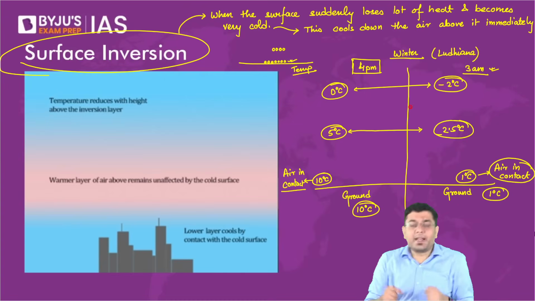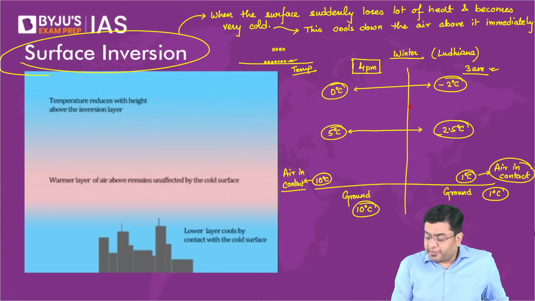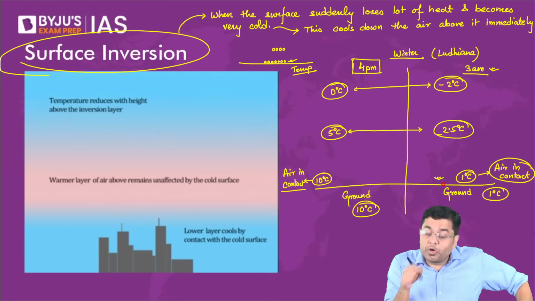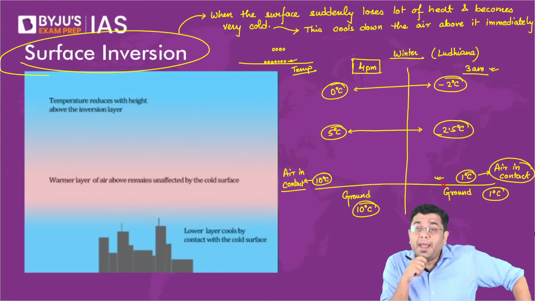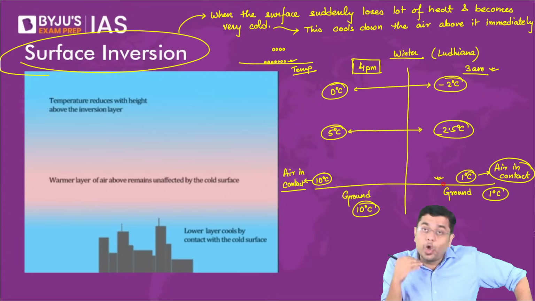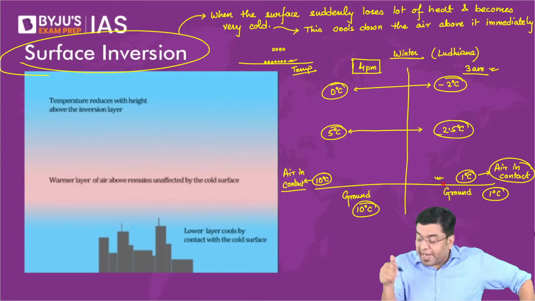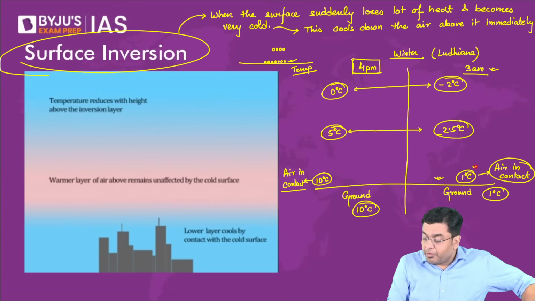But in these conditions, what will you observe? The air at the ground surface has cooled down at a much more drastic rate. Why? Because the ground surface has lost heat. During the night, the ground surface has become very, very cold. And because of that, the air in contact will also become very, very cold.